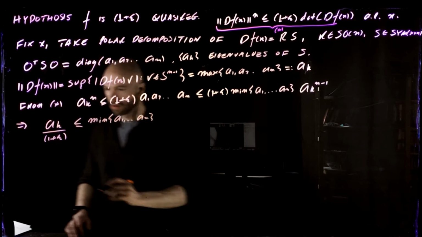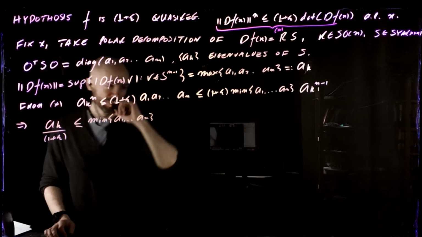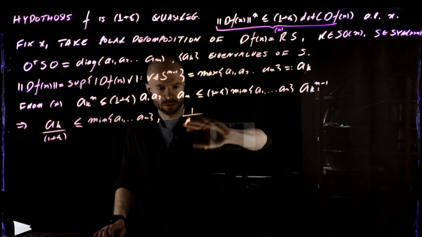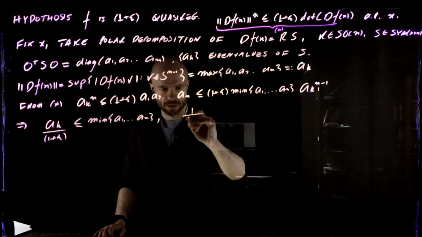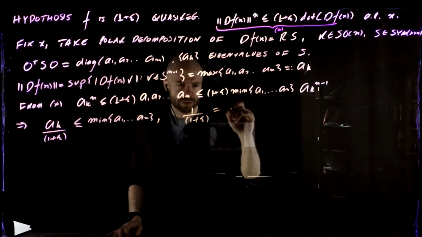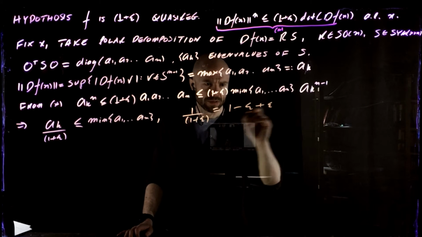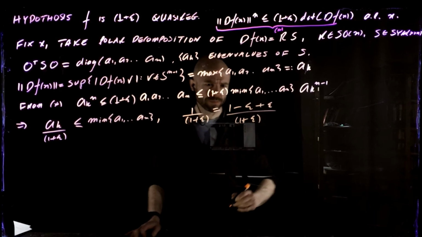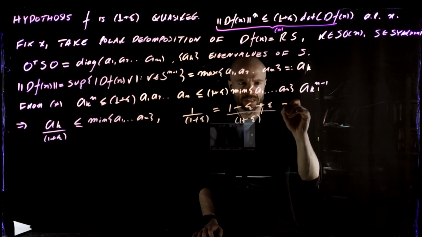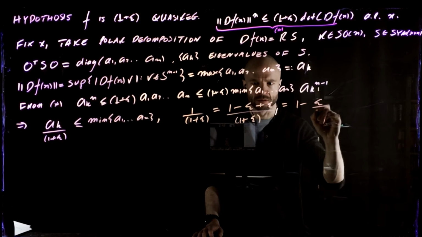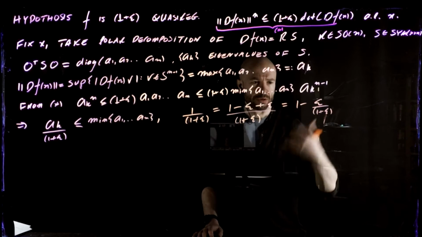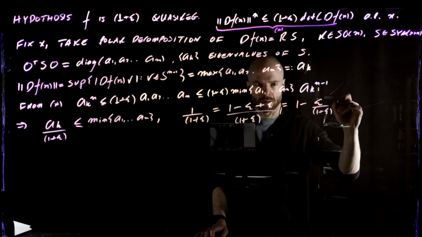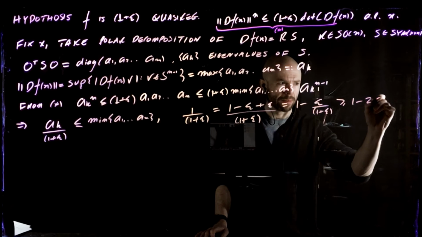And note that 1 over 1 plus epsilon is the same as 1 minus epsilon plus epsilon over 1 plus epsilon. And that is the same as 1 minus epsilon over 1 plus epsilon. We're going to assume epsilon is less than 2, so then this thing is bigger than 1 minus 2 epsilon.